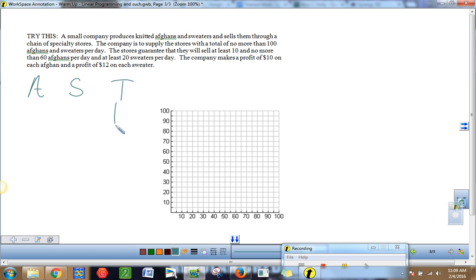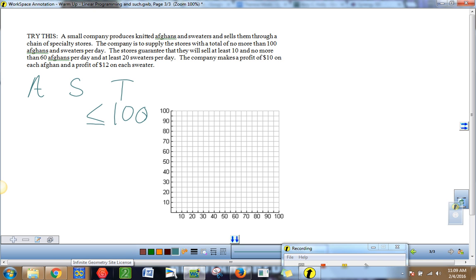So we do X plus Y is less than or equal to 100. Exactly what we're talking about. I'm going to go through the whole process so you totally got this. And no more than 100: is 100 the biggest number or smallest number? Biggest, so the big side of the inequality needs to be towards that value. That's kind of how you have to think about it in your head.